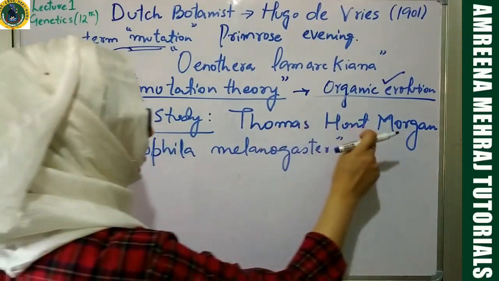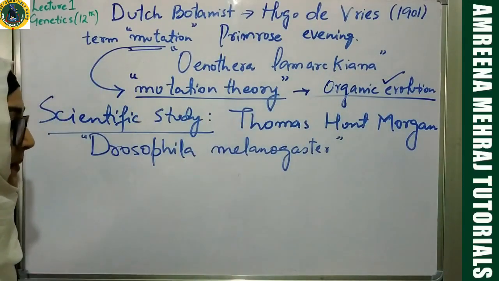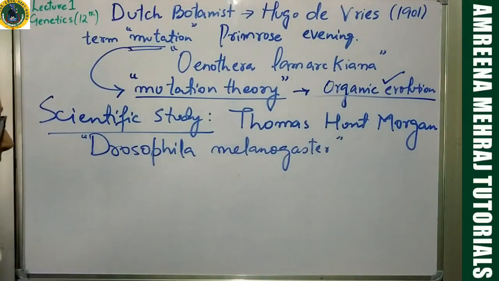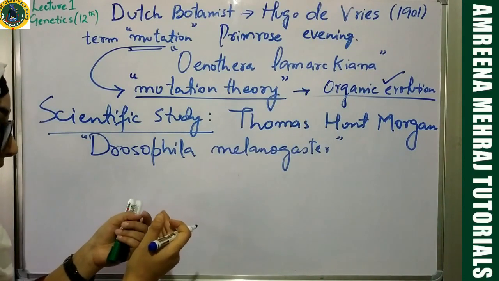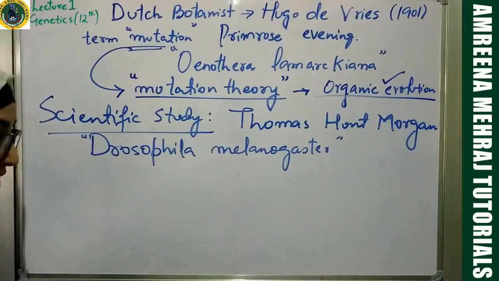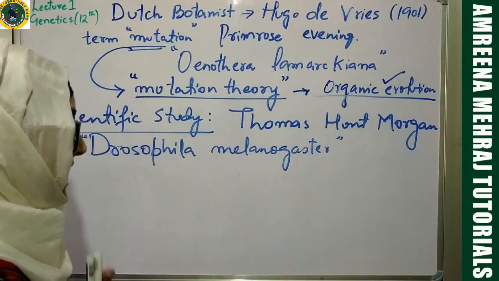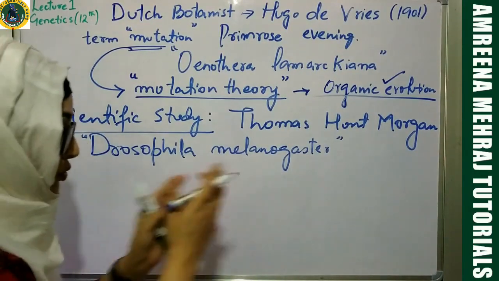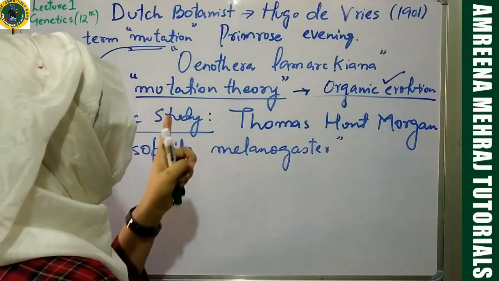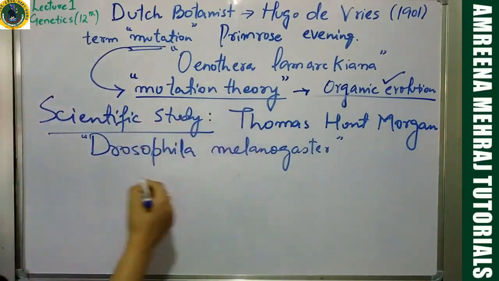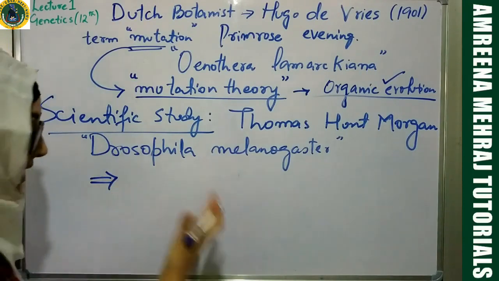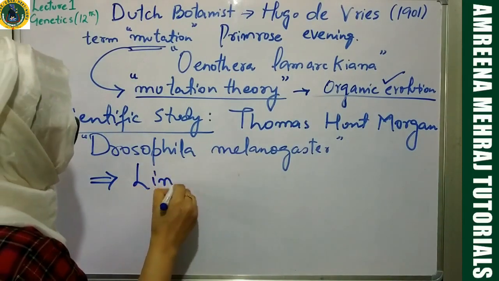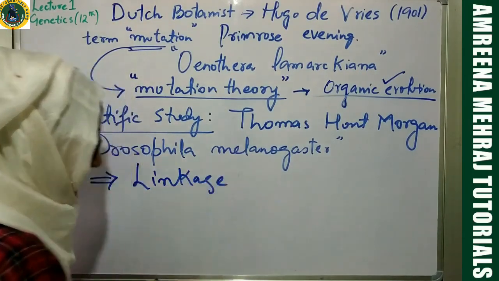So Thomas Hunt Morgan also performed experiments upon the same organism, in which he gave us the scientific proof of mutations, and he saw that mutations do happen to organisms, and mutations are inheritable. They are transferred from one organism to another. He is the scientist who then clarified to us the concept of linkage, which we will study in this chapter.